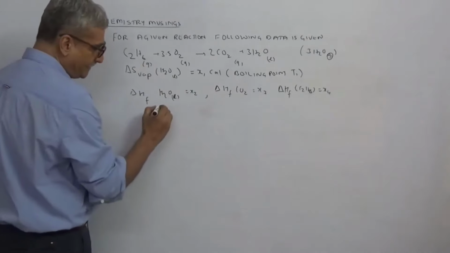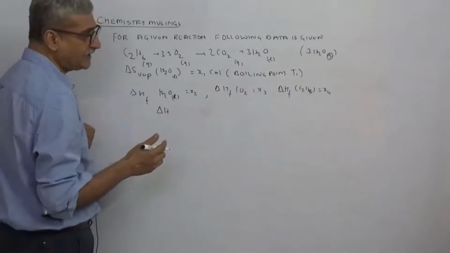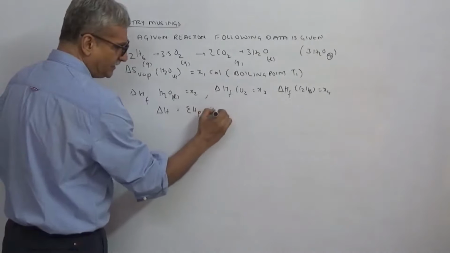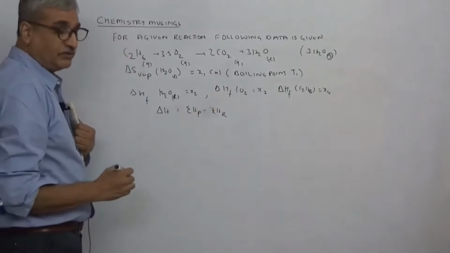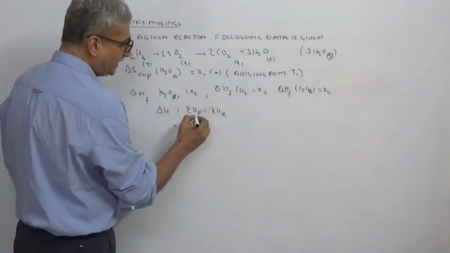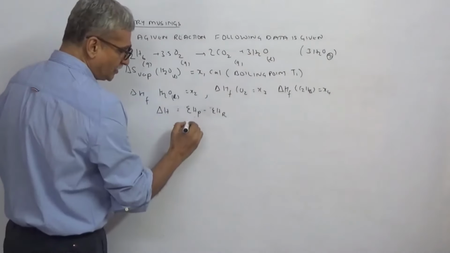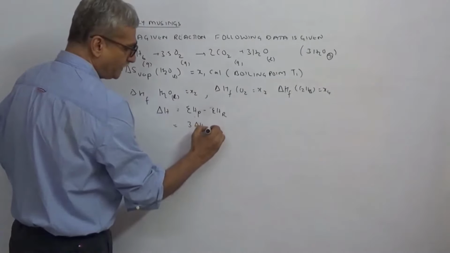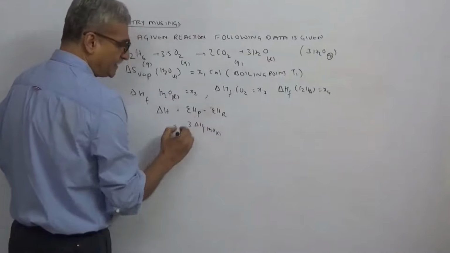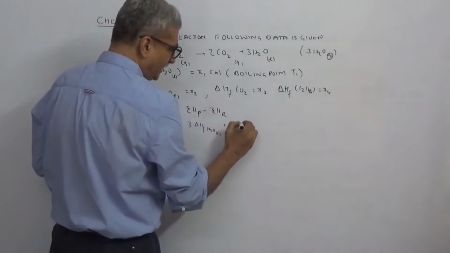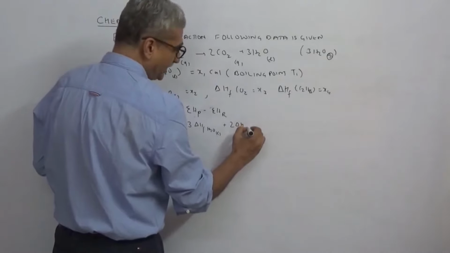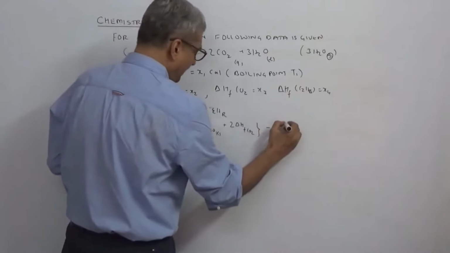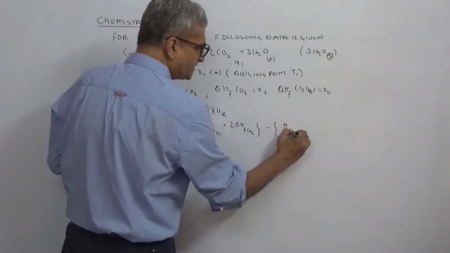In this case, basically delta H of the reaction will be the summation of enthalpy of products minus the summation of enthalpy of reactants. Here, the enthalpy of products will be 3 into delta H formation of H2O liquid, plus 2 into delta H formation of carbon dioxide gas, minus the enthalpy of C2H6.